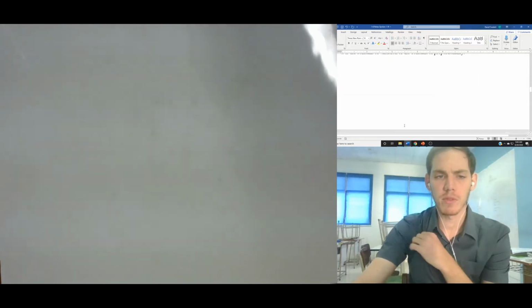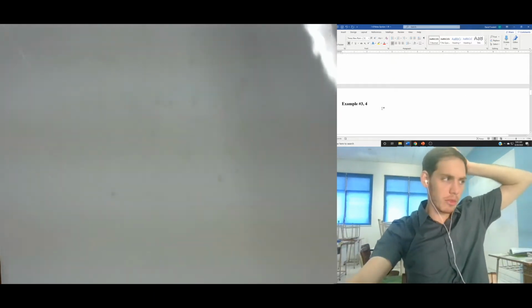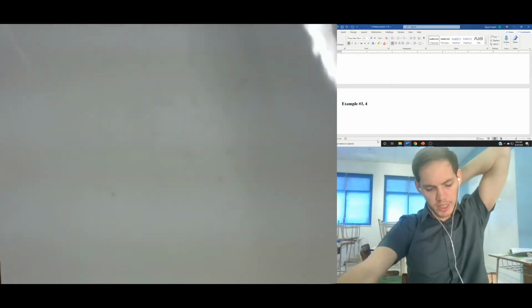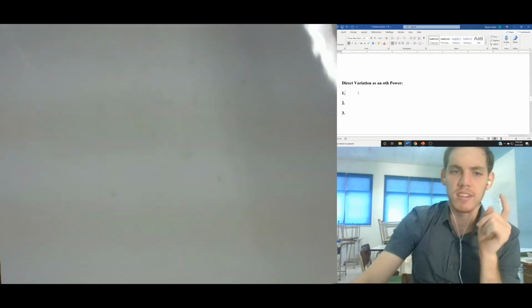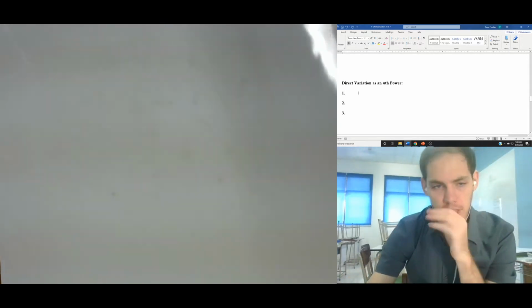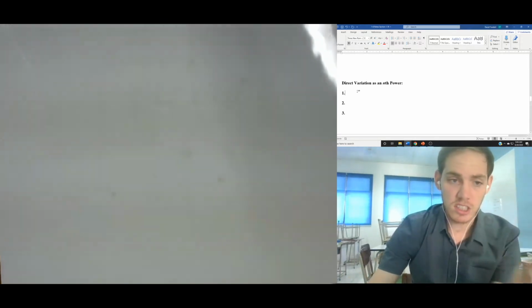Now, instead of going into example 3 and 4 right away, we're going to go to direct variation as an nth power. The reason is because we're just going to write the definitions and then talk about it later.